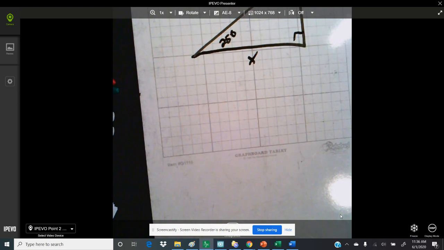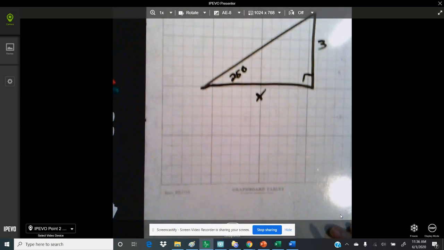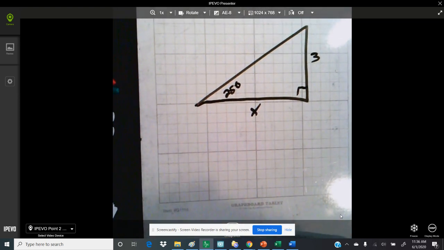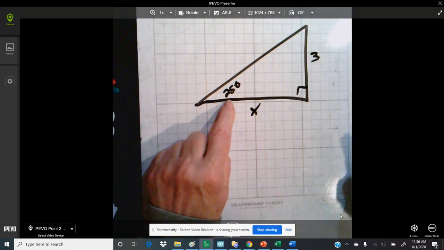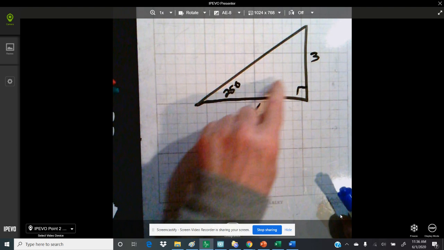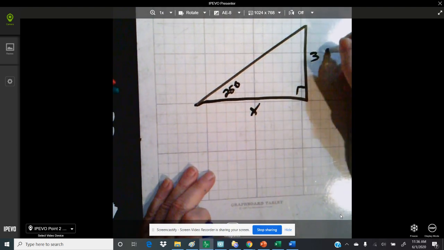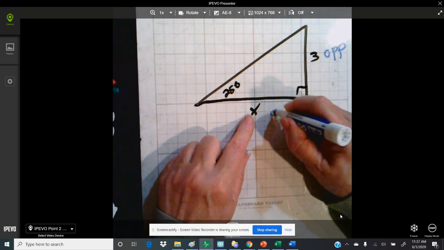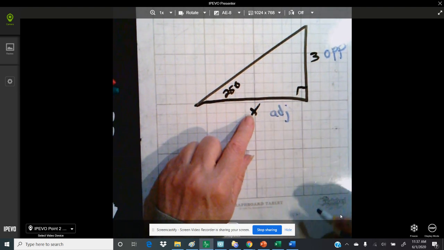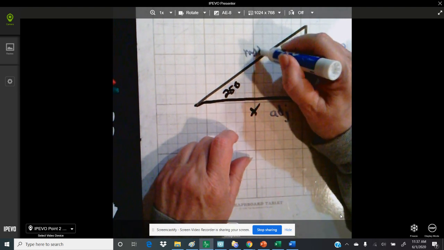So the first thing you have to decide is, do I want to use the sine, the cosine, or the tangent to solve this? So again, what you know is this is 25 degrees. So opposite your 25 degrees is your 3. Adjacent to your 25 degrees is x, and this is your hypotenuse.